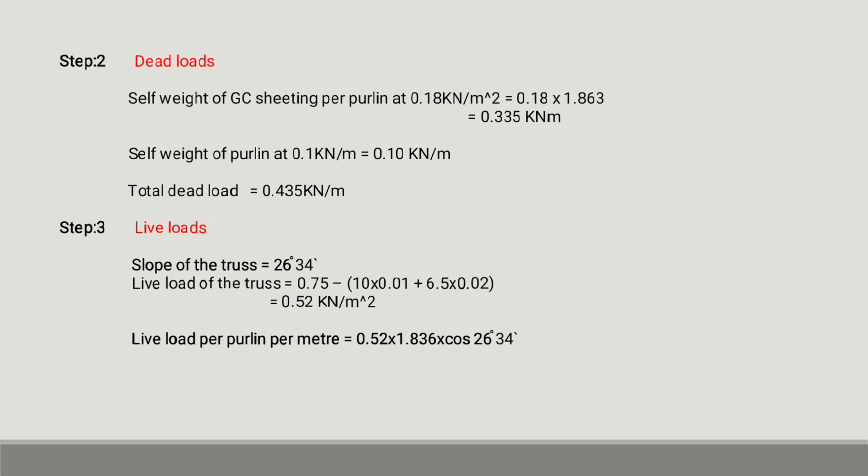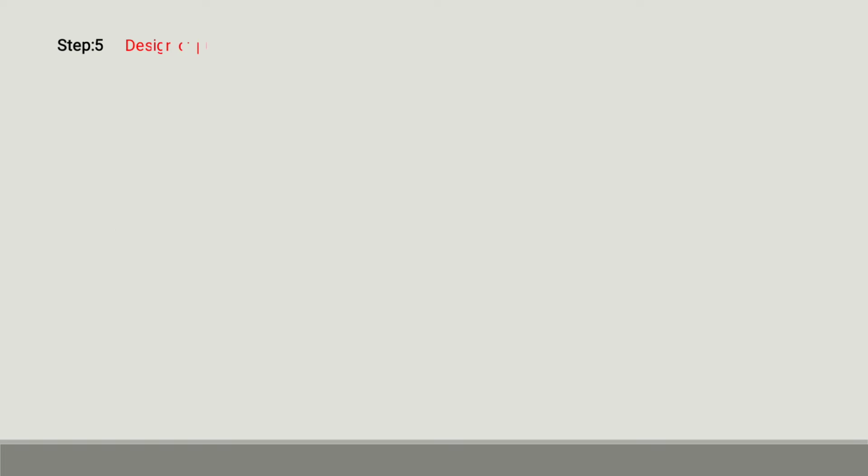Then live load per purlin per meter is equal to 0.52 into purlin length 1.863, multiplied by cos theta, where theta is equal to 26 degree 34 minutes. Applying the values, 0.87 kilonewton.